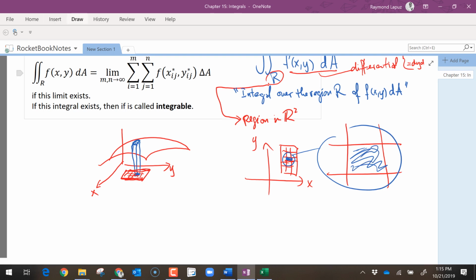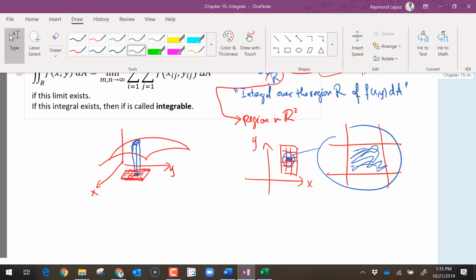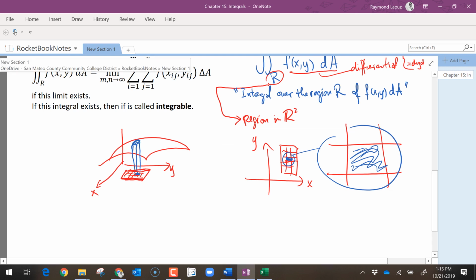And what we're interested in is we need to pick an actual point, one point from that rectangle, whether it be a corner here that we're going to plug into the function that's going to give us the height of that box.